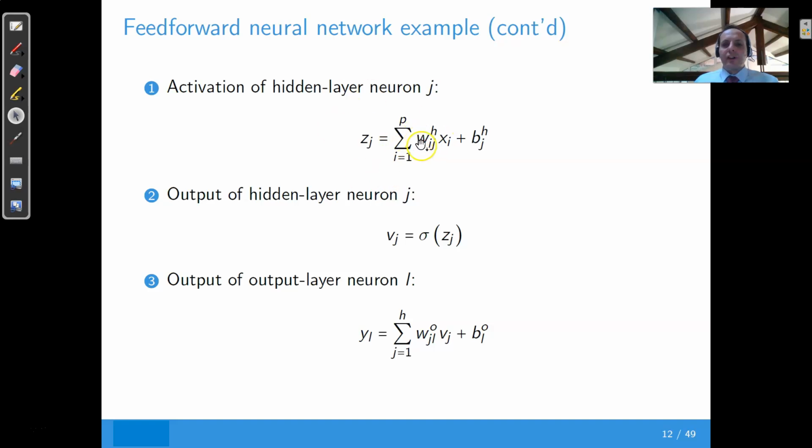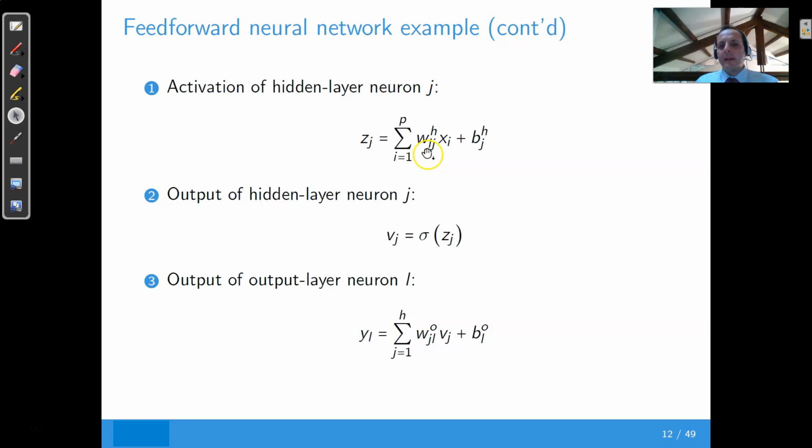According to the mathematical relations, we have the activation function of the hidden layer neuron with the number J. The output of the neuron J is computed as a summation of the inputs to this neuron J coming from, as you can see here again, the subscript.